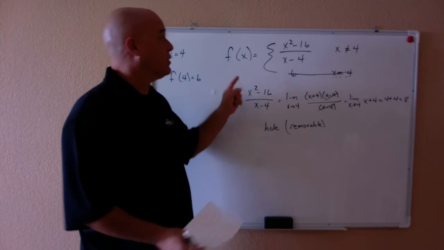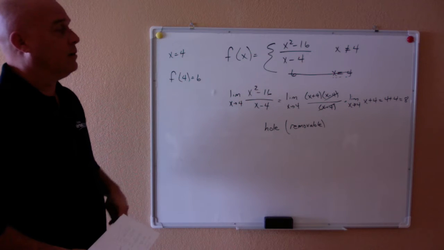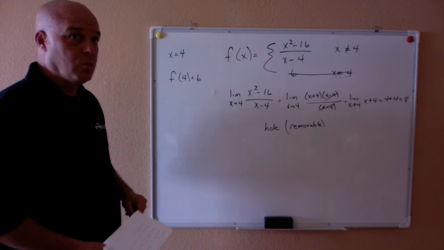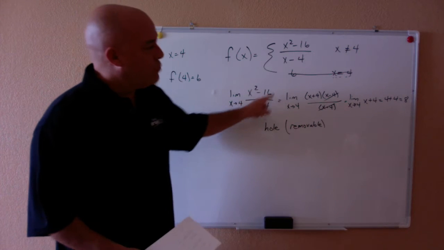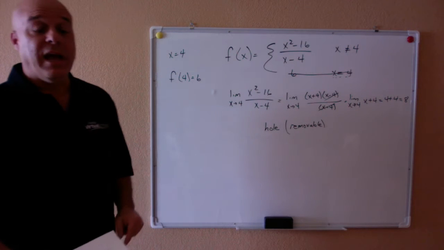It's not continuous because I do have to look at the original function, and it's got a problem at x equals 4. Okay? So if I can remove the problem area, then this is called a removable discontinuity, and it means we have a hole in the graph.